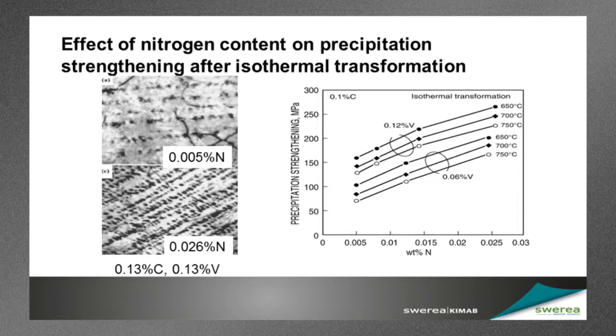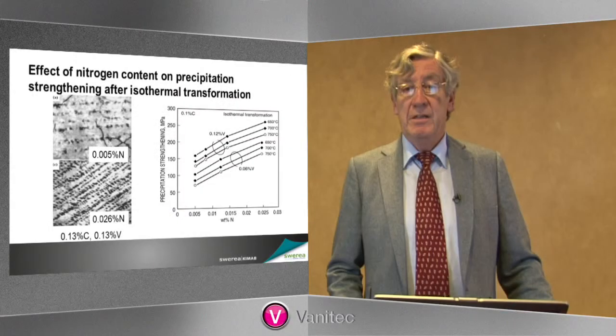And numerically, that's seen in the right-hand figure here, where we have 2 different steels with different vanadium contents, 0.06% vanadium and 0.12% vanadium. These have been isothermally transformed at different temperatures, so the temperature of transformation is important, and you can see that the lower temperatures, 600 degrees as against 700 and 750, are raising the precipitation strengthening effect in the steel.